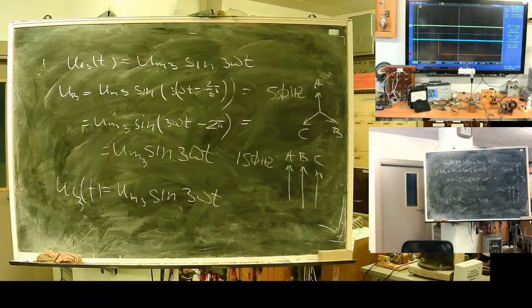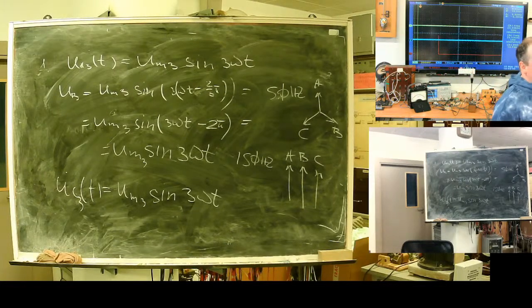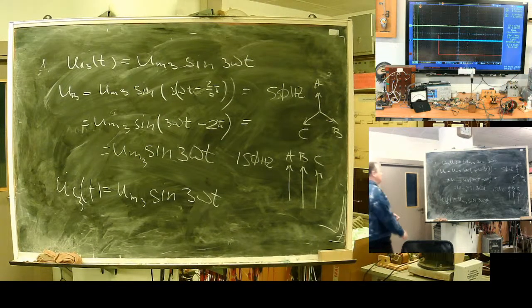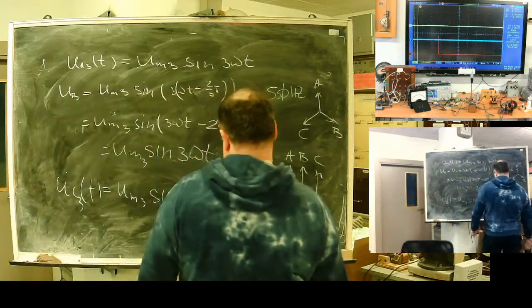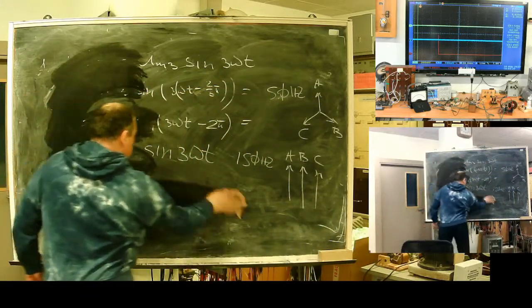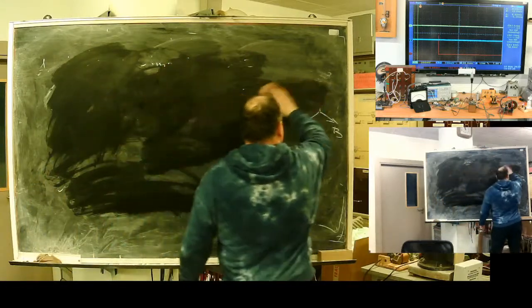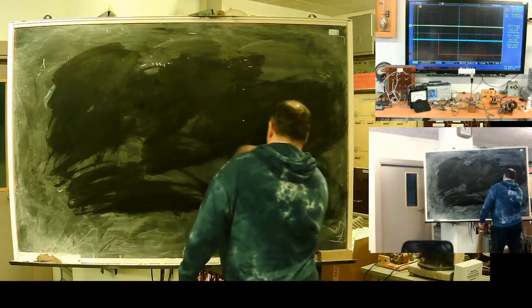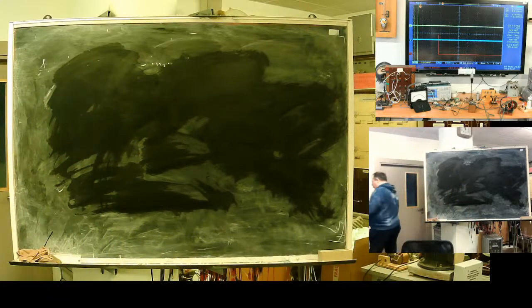And now I will speak about something specific to power engineering. It's called the technique of symmetrical components, a method of symmetrical components or Fortescue transformation. The idea of Fortescue transformation is simple.